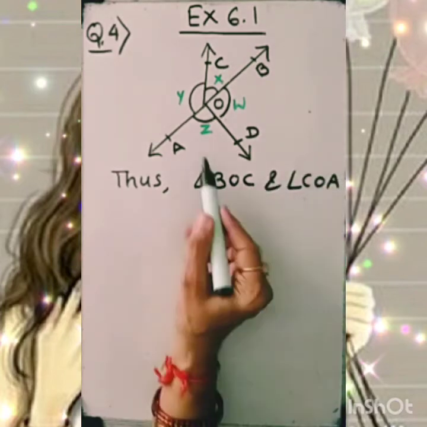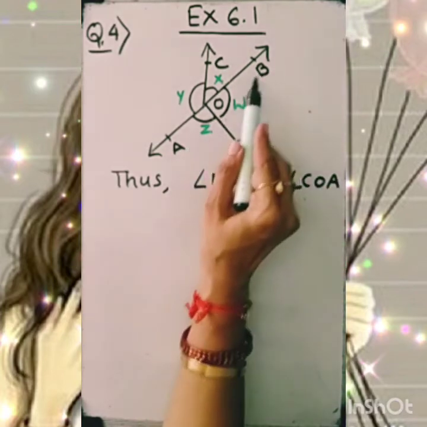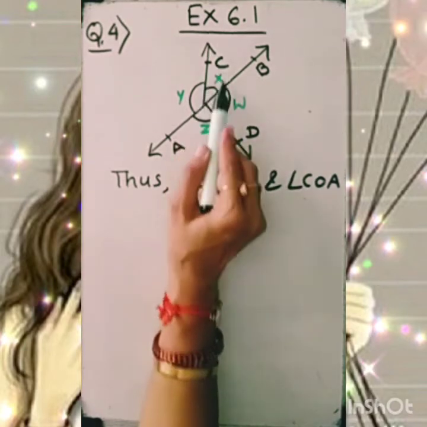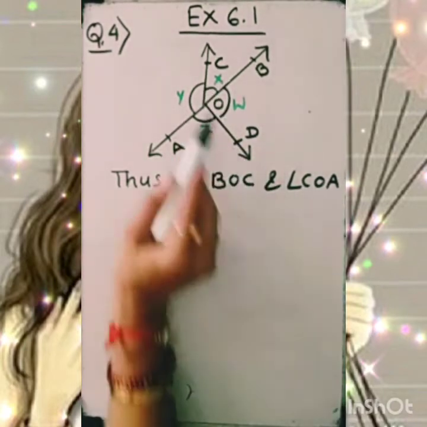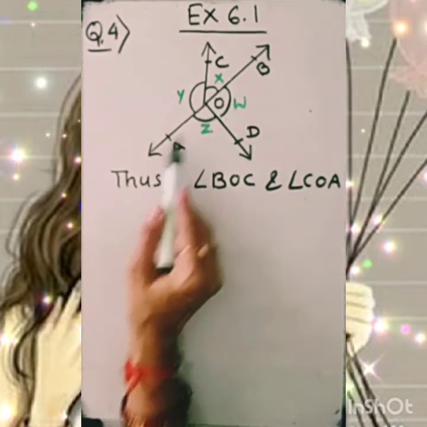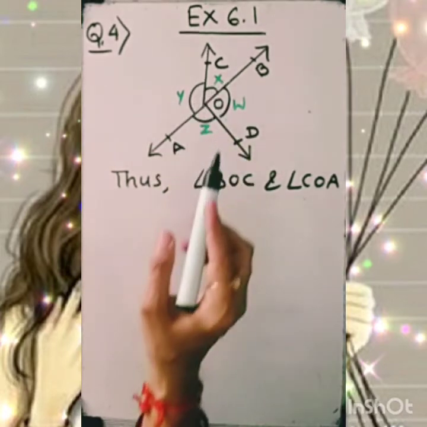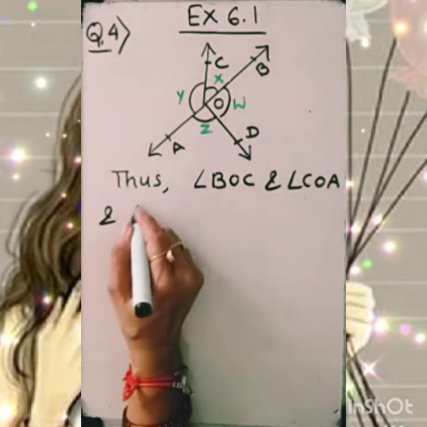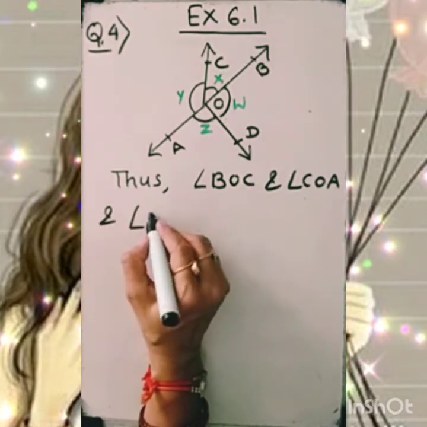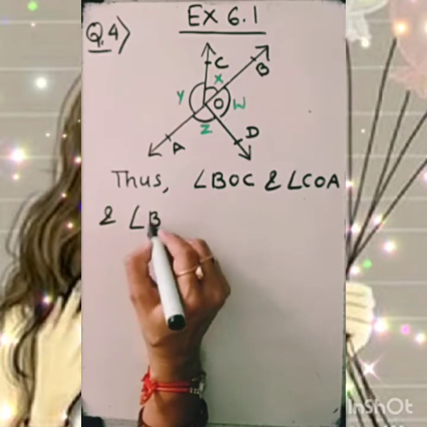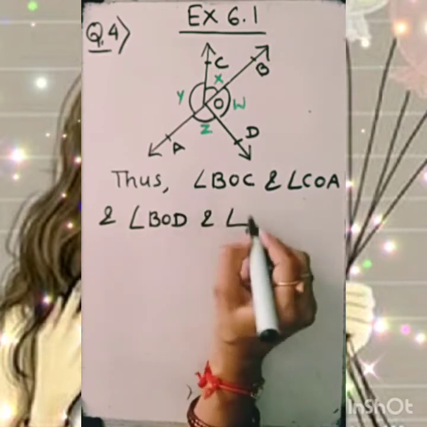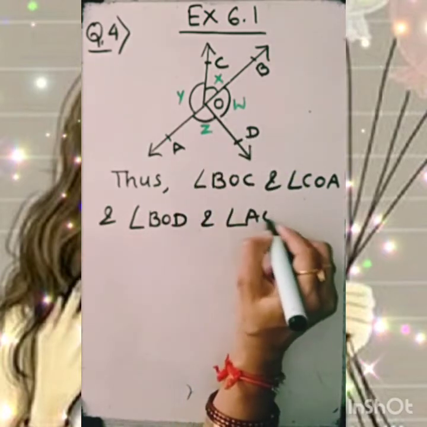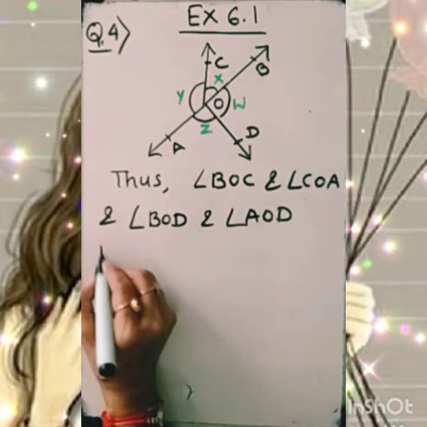I am talking about this angle BOC, and COA, these two angles, okay? And beside it, this is one pair, and another two angles, angle BOD and angle AOD, they are forming a linear pair.